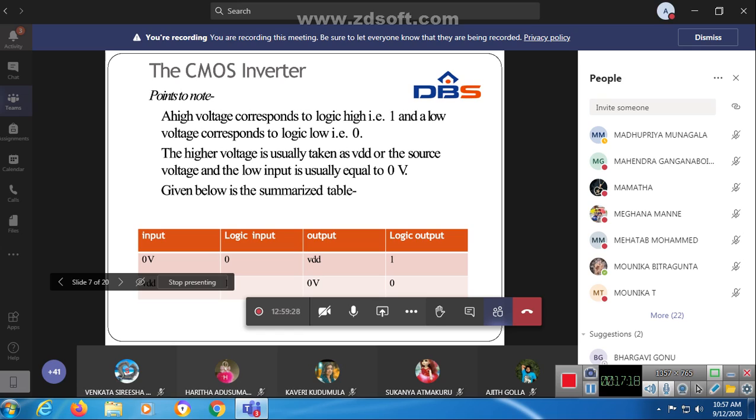Whenever we give a high voltage as the input, we get 0 volts because the NMOS transistor will be on, so the VDD voltage will be pulled down to ground, and ground voltage is nothing but 0 volts. Logically, we can represent VDD as 1 and 0 volts as logic 0. So this is the operation of the CMOS inverter.